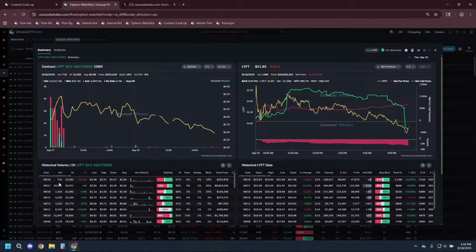We're seeing 20,000 volume, but open interest only decreases by 10,000. Still a big number, but technically 20,000 contracts were closed, but they weren't closed out completely. This trader has closed 20,000, but only 10,000 of them actually got closed out. There's still 10,000 of them in the ether somewhere.